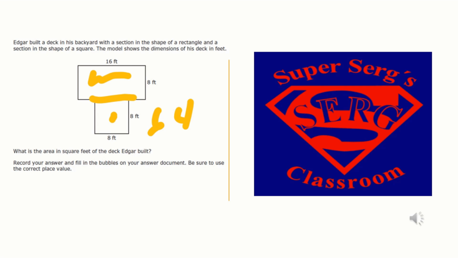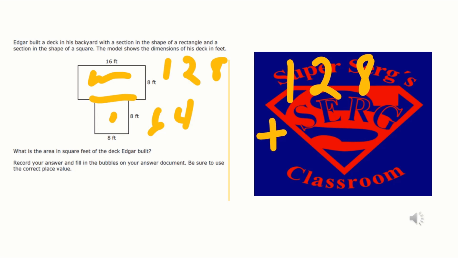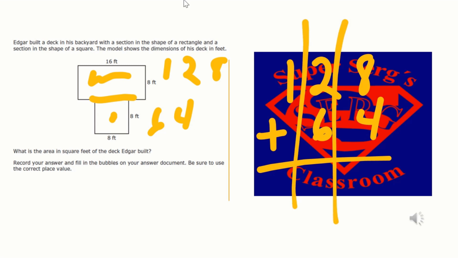So now 16 times 8 is what? Let me see. 8 times 6 is 48. Carry the 4. 8 times 1 is 8 plus 4 is 12. So 128. Right? And now let me put it over here. 128 plus 64, because they want the area of this deck, both square and rectangle.